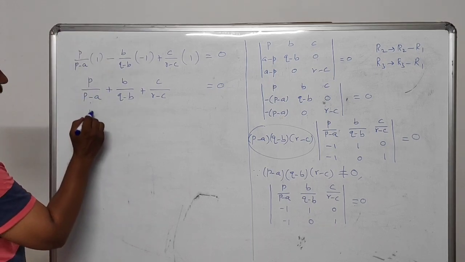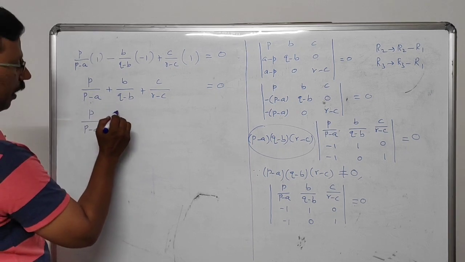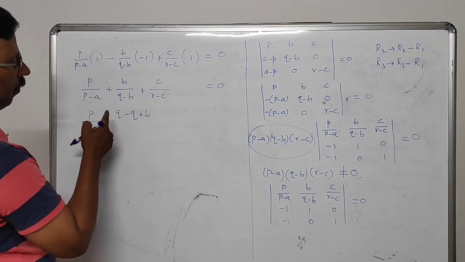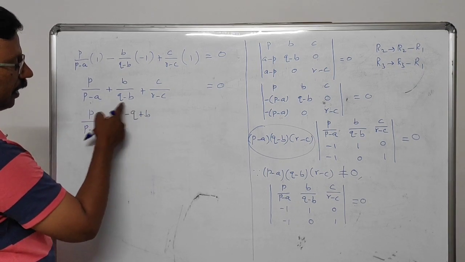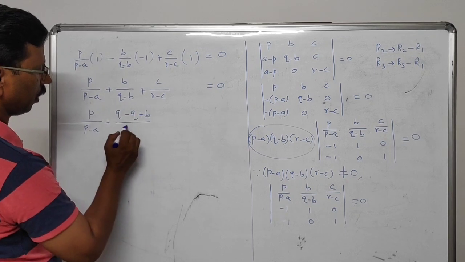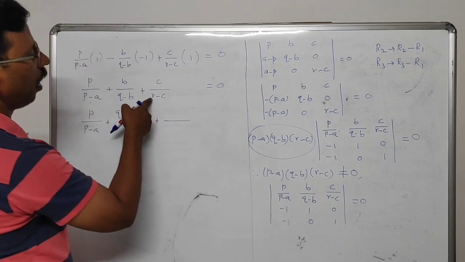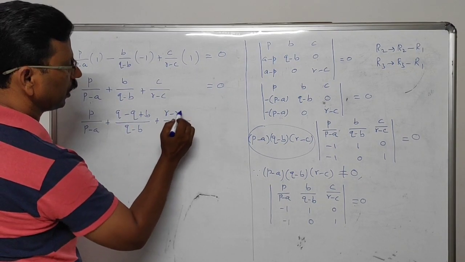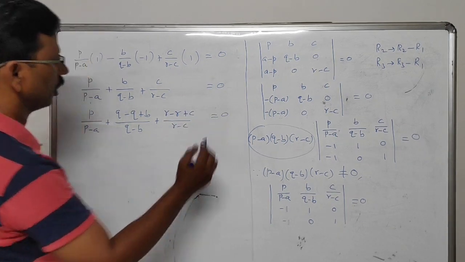You can write p by p minus a plus q minus q plus b by q minus b. You are adding and subtracting q, and plus b means you are getting the same value. Then here numerator r is missing, like this term, add 1r and subtract 1r, then write plus c by r minus c, which is equal to 0.